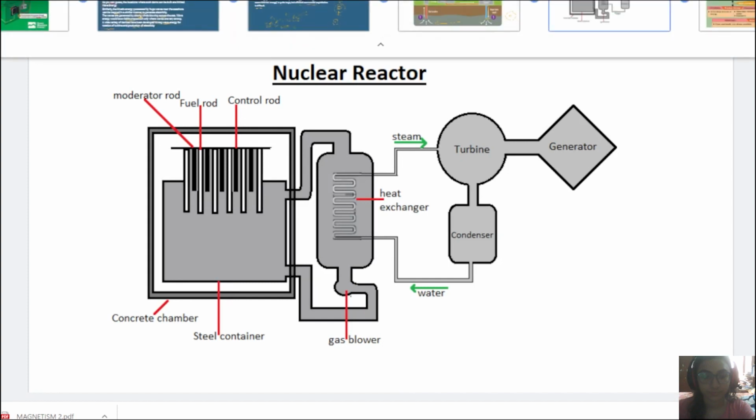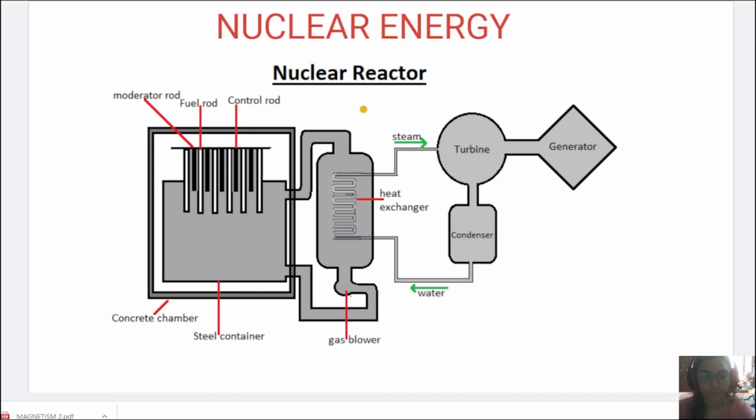Okay. So nuclear reactor next. As I told you, in a nuclear reactor, the main concept is fission or fusion. So fission means the breaking of one molecule into smaller particles.